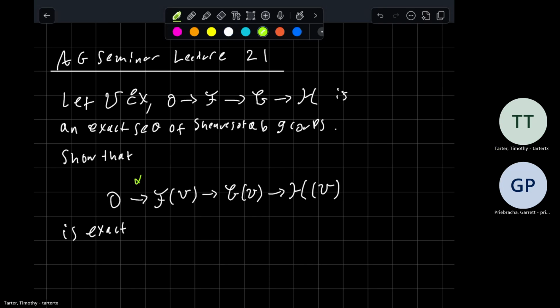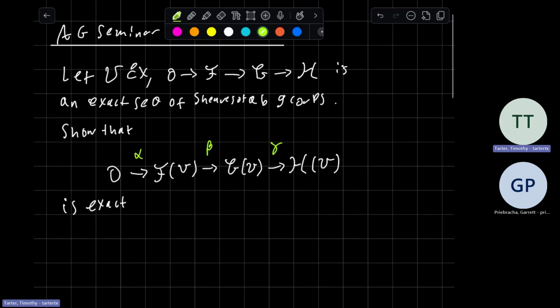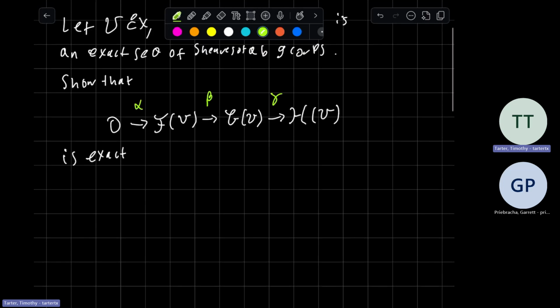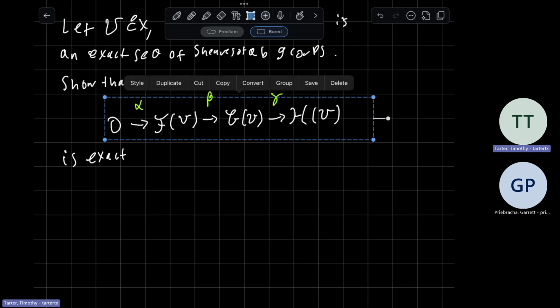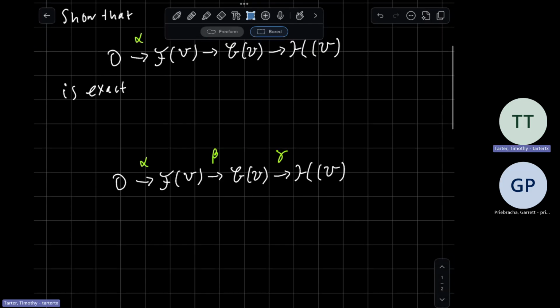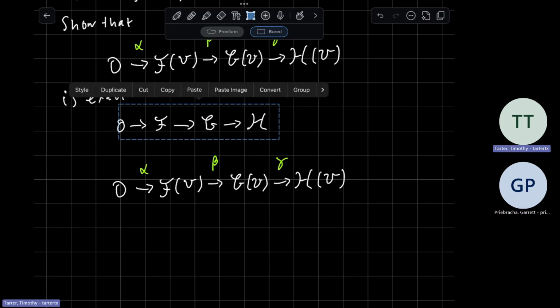So if we have alpha, beta, and gamma, we want to show that it's exact at F of U and G of U. And this is really getting mapped by gamma, the global sections functor. So that's what we're doing here.